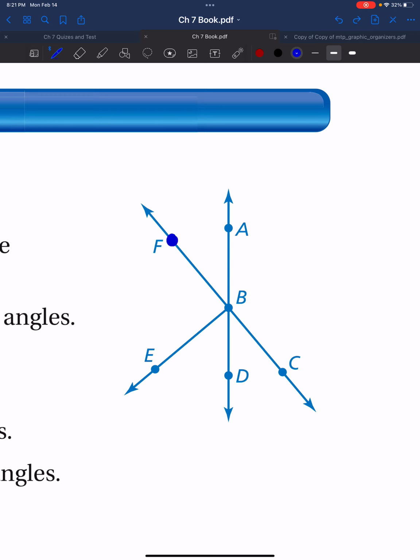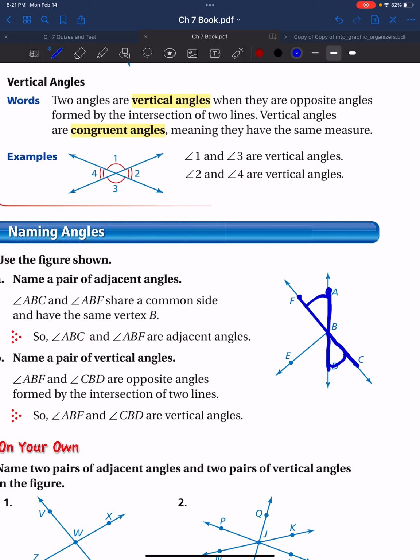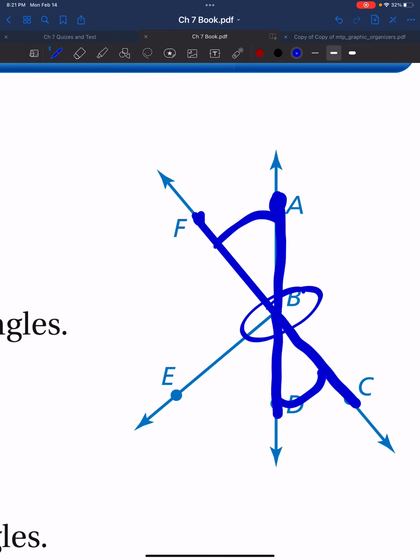However, I can see that FBA and DBC are directly across from one another, and those look congruent to me. And that's what it does say. It says ABF and CBD are vertical angles because they are sharing a vertex, which is great, we share B, but they're also on opposite sides of one another.